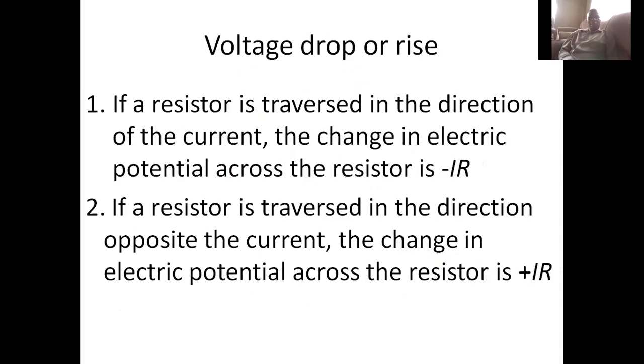And so this is the explanation. If a resistor is traversed in the direction of the current, the electric potential across the resistor will be negative.